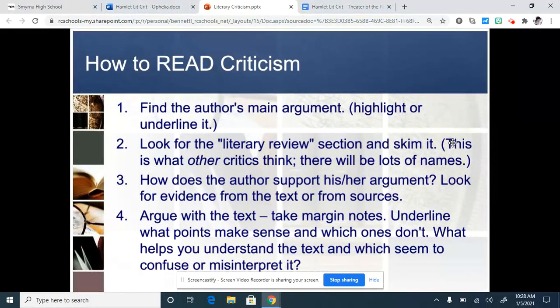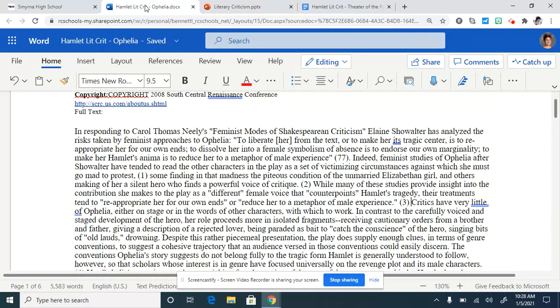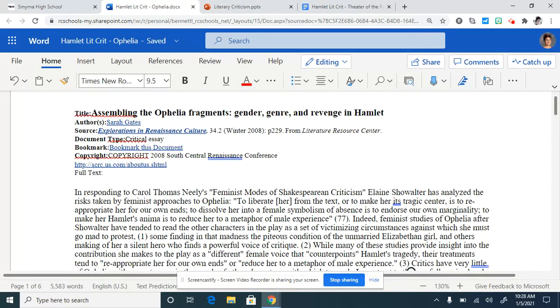All right. So now that we've looked at how to read it, I want us to look at two examples together. The first example, we are just going to read the first paragraph of. These articles can be very, very long. It is not unusual for a literary or academic article to be 11, 12, 14 pages long. We're not going to start with those.